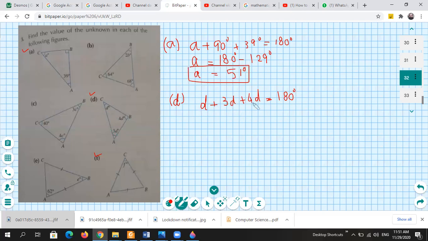So 1 plus 3 is 4, 4 plus 4 is 8, so 8D. So D will be equal to 180 degrees divided by 8. 8 twos are 16, 20, 8 twos are 16 again, 4. So point 4 makes it 40. 8 fives are 40. So 22.5 degrees is your answer.